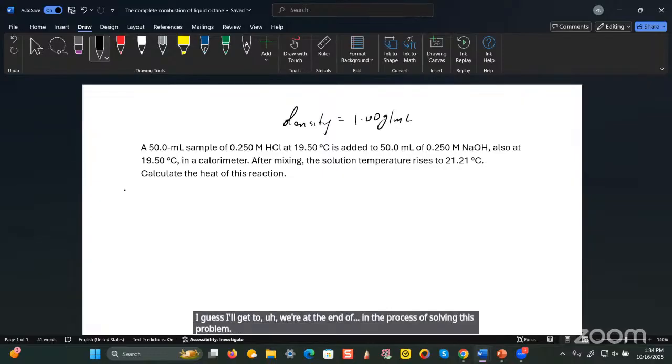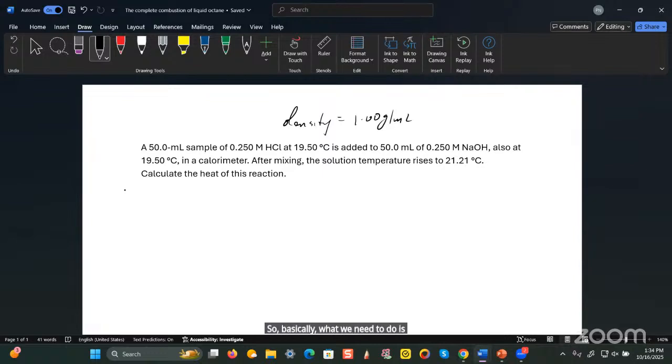So basically what we need to do is find the mass of each solution. The mass of each solution will be 50.0 mL multiplied by the density of 1.00 grams per mL, so that's going to be equal to 50.0 grams.